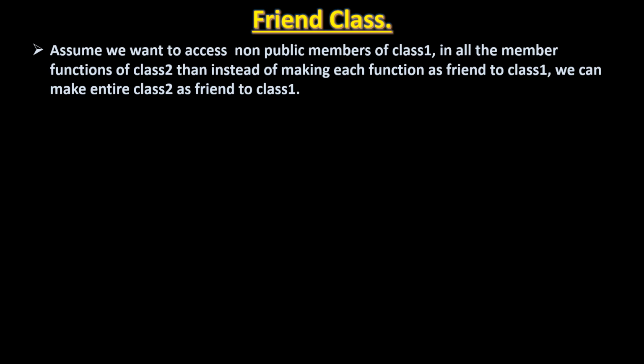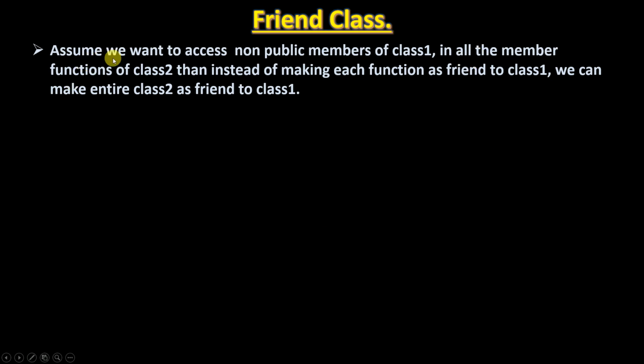In that case, for whichever member function of class 2 is trying to access private members of class 1, you would have to give a friend declaration. Instead of that, we can make that entire class a friend to class 1.